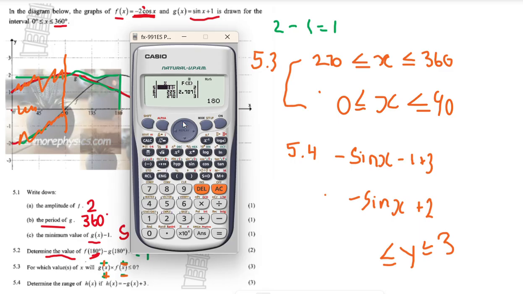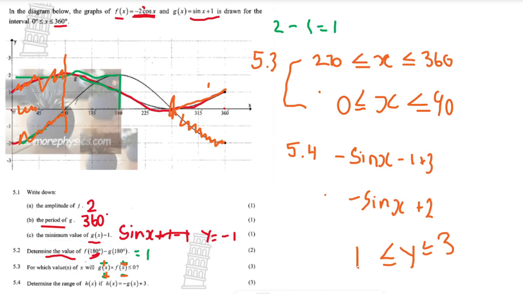Our lowest y value is 1. And this is how to solve this type of question. For 5.3, we'll be doing more examples so that we make sure we understand. These are easy marks where we can score.